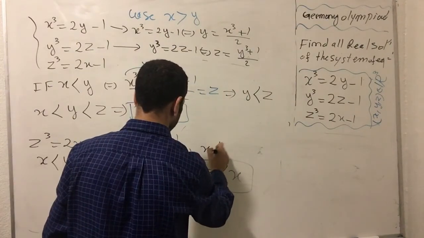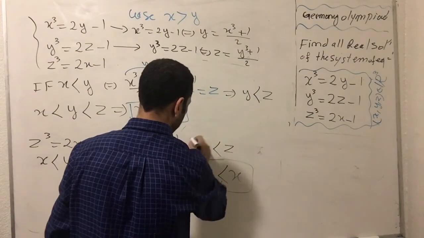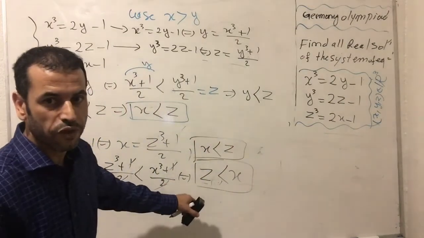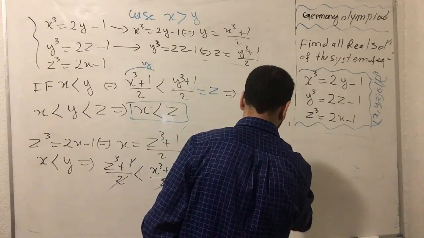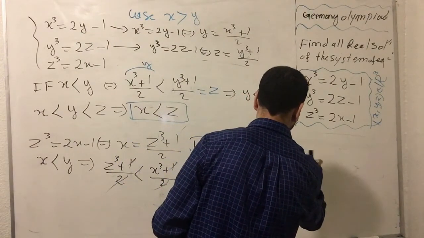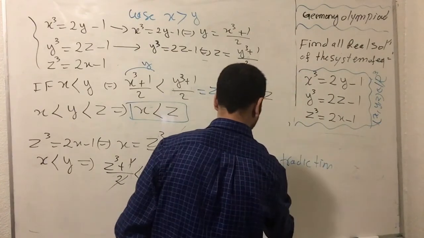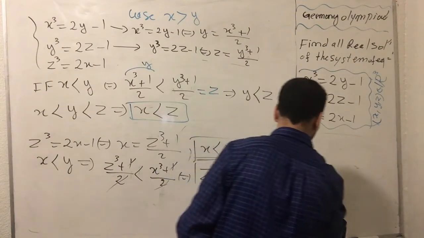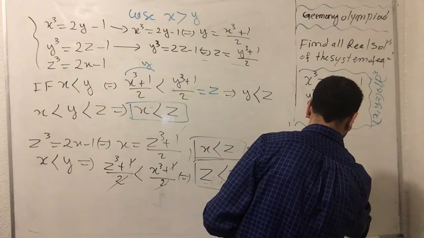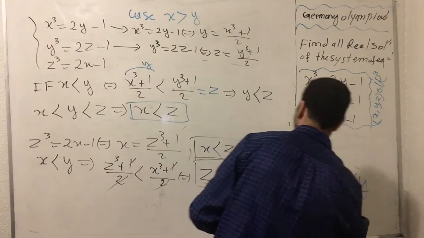We have x strictly inferior to z, and we have z strictly inferior to x. That means a contradiction, so no solutions if x is strictly inferior to y.